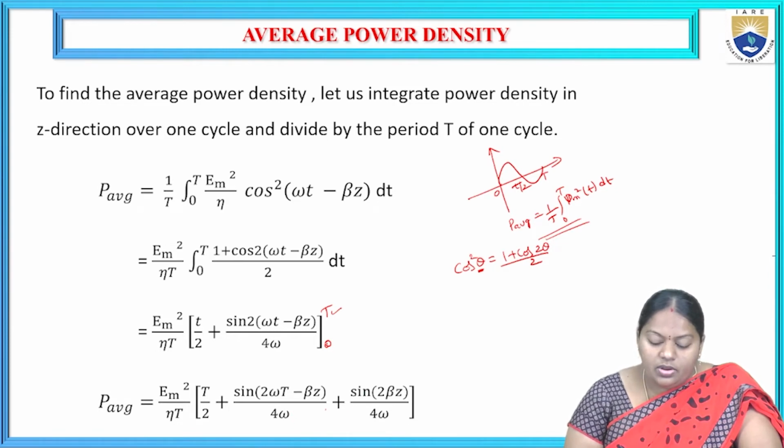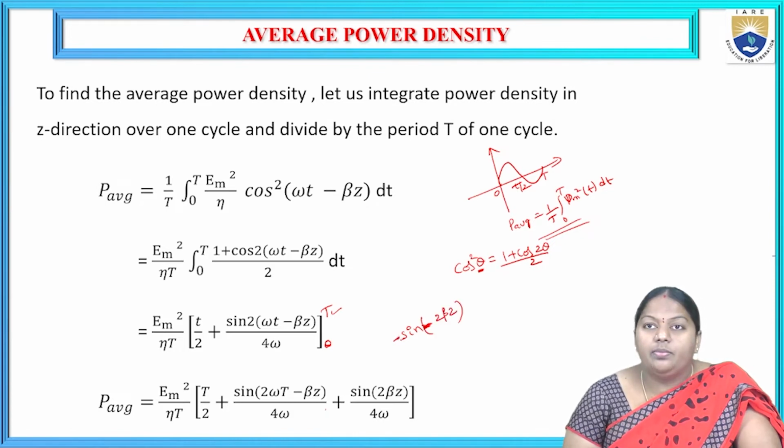If we substitute the lower limit 0 in place of t, then it becomes sine of minus 2 beta z by 4 omega. The minus 2 beta z is left over in the formula itself, and since we substitute the lower limit, we are supposed to consider it as negative.